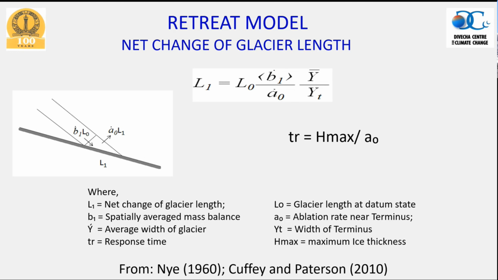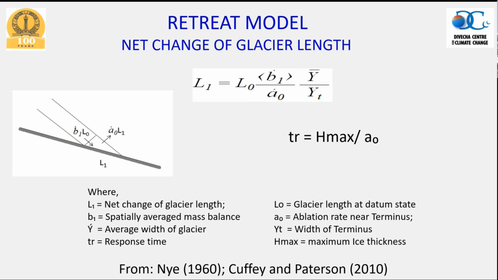It's really not possible in the current scenario, but it is generally taken as the present position. But in theory, the datum position is the imaginary state of a glacier where the mass balance remains constant for a very long period, and in response the glacier gets adjusted to a position where it will neither advance nor retreat. Such is a datum state.